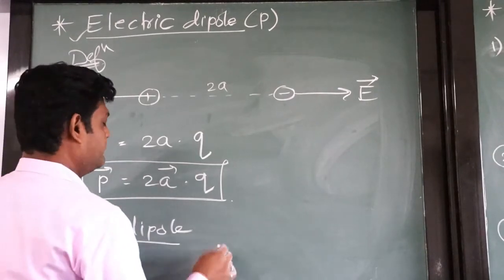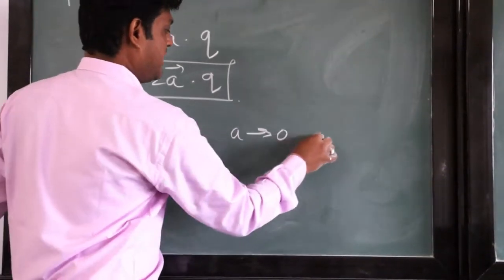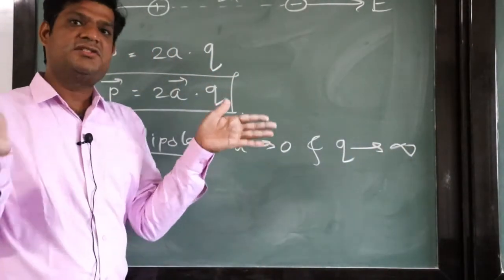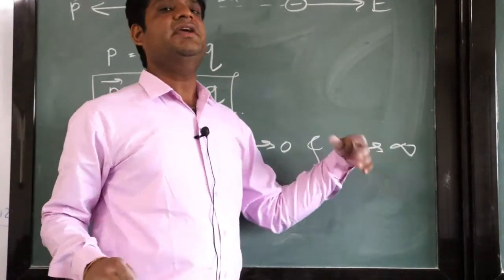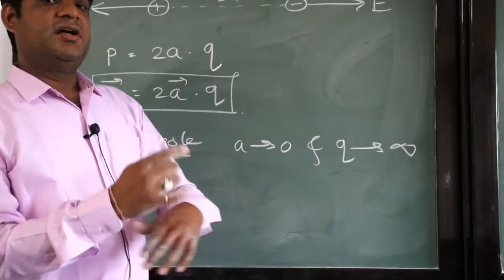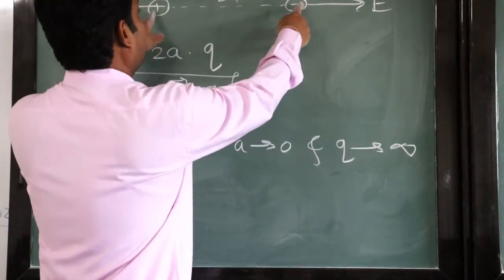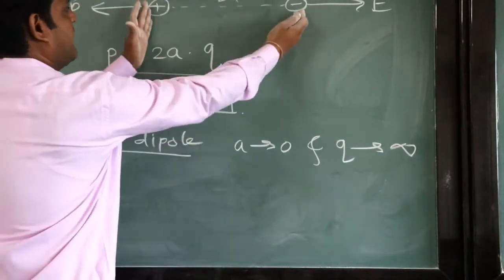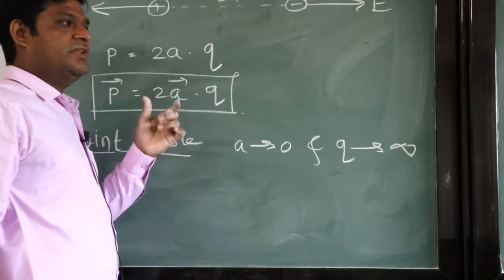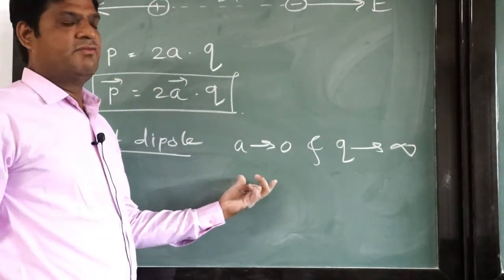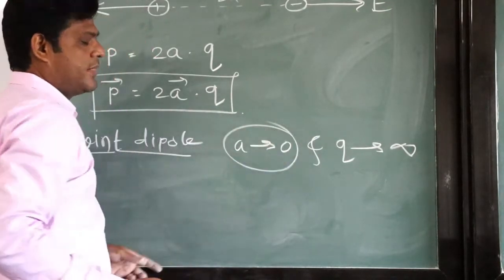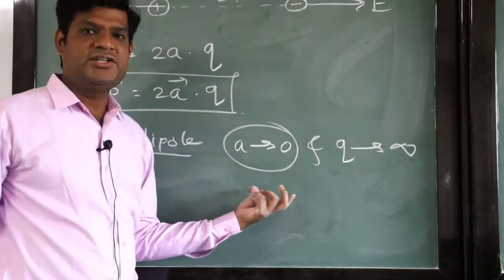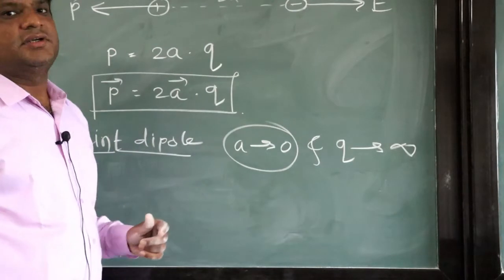If a tends to 0 and q tends to infinity, that is, the distance reduces and the charge is infinite, or in another way, the two charged particles are at the same point, that is known as a point dipole. For a point dipole, a tends to 0 and q tends to infinity. This is the mathematical condition of a point dipole.